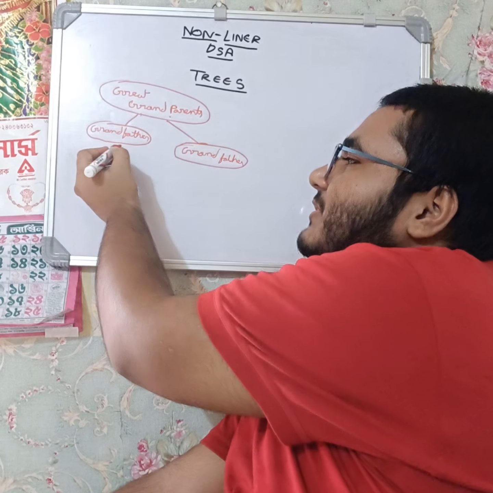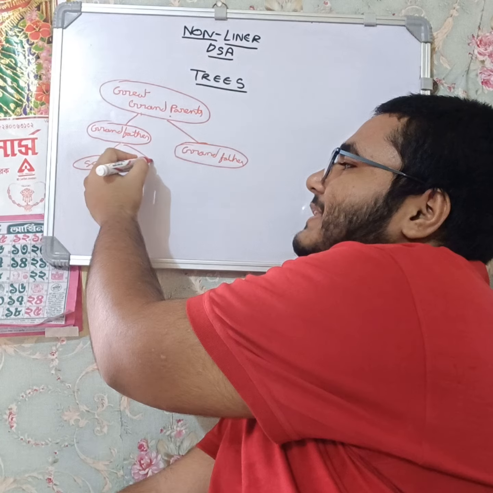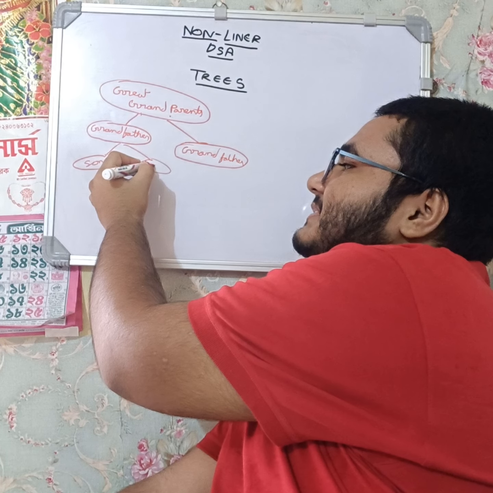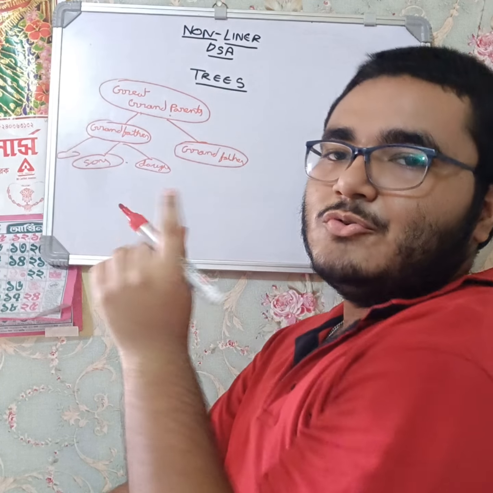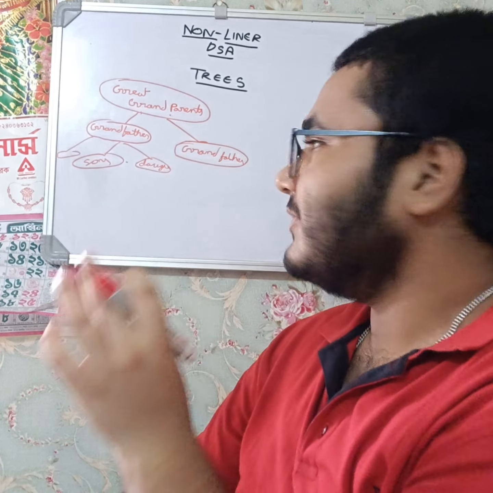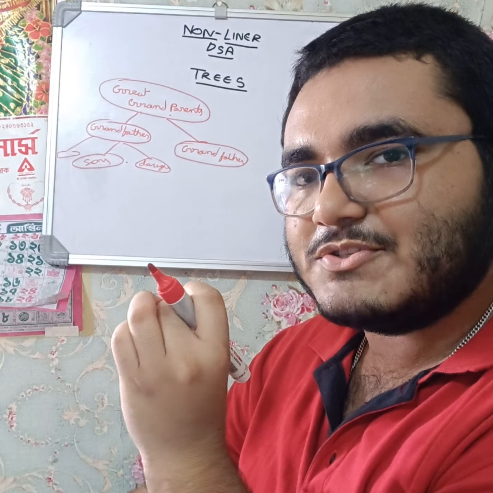From them again there will be sons as well as daughters, and there can be many. We do not know. So this is the concept of a tree in non-linear DSA also.